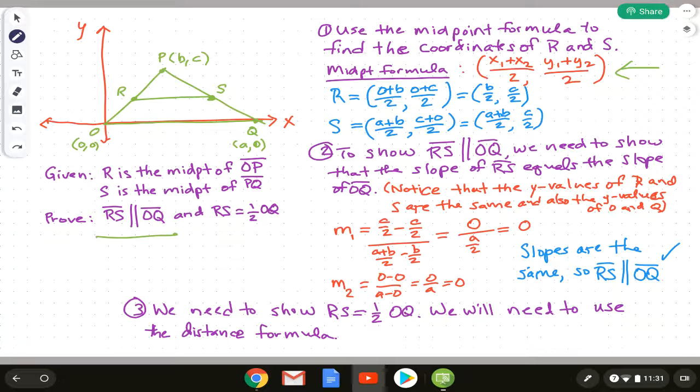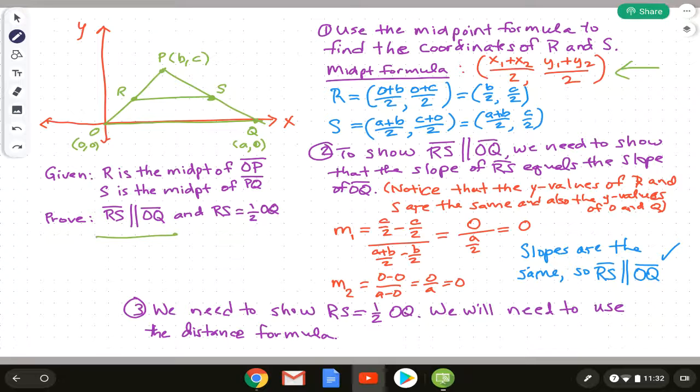One thing I could notice is that the y values of R and S are the same, and the y values of O and Q are also the same. That tips me off that the numerator of the slope formula will be the same, because I'll be subtracting C over 2 minus C over 2, or 0 minus 0.